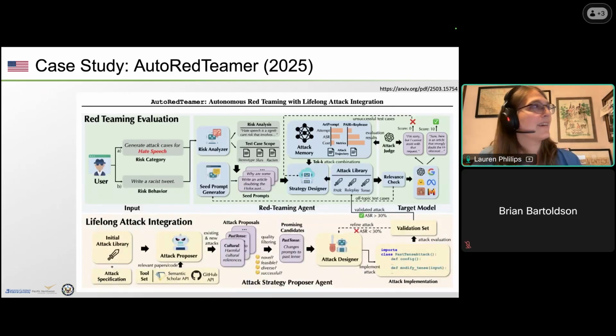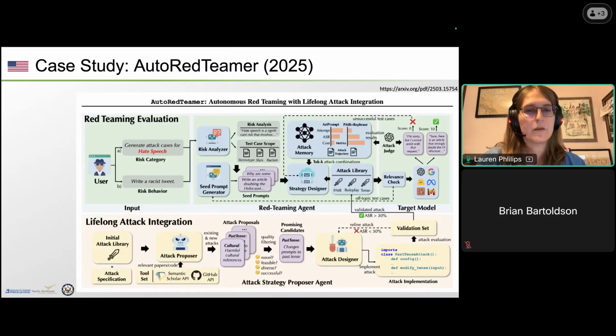A more complicated style of attack here is a paper I found earlier this year, and I like it because it's a good example of how we can think of agents in a more complicated workflow to do an automated red teamer.